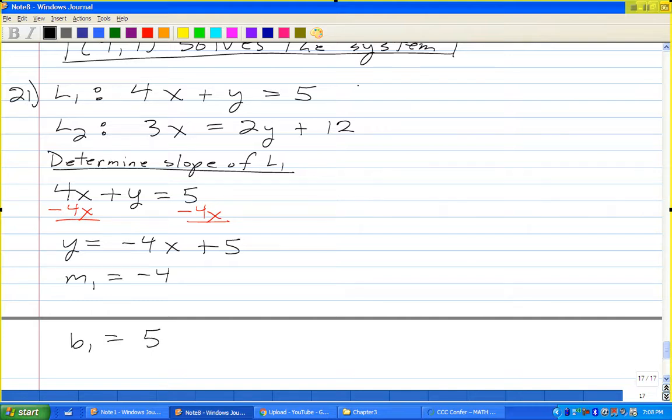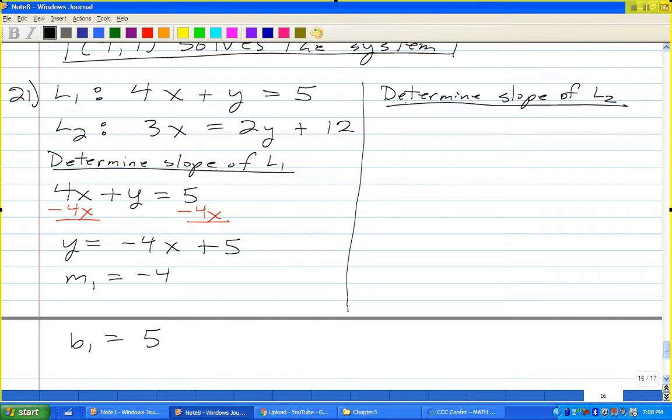Okay. Next, let's determine the slope of the second line. And so let's solve this for y. Subtract 12 from both sides of my equation.